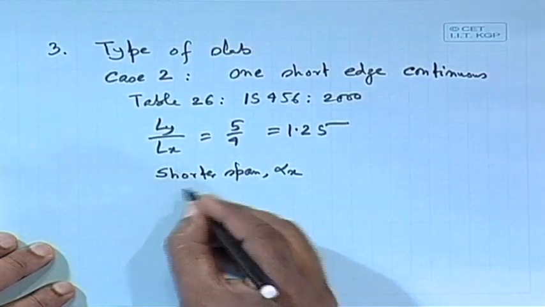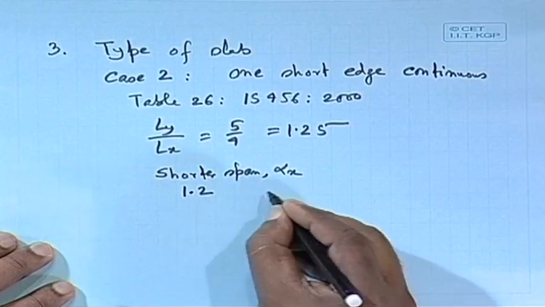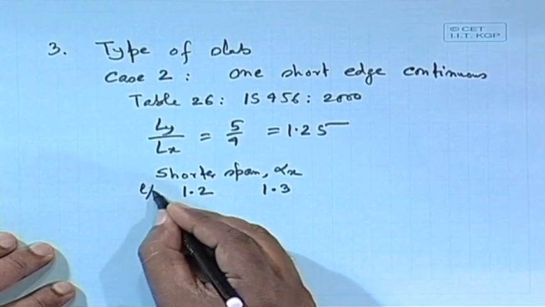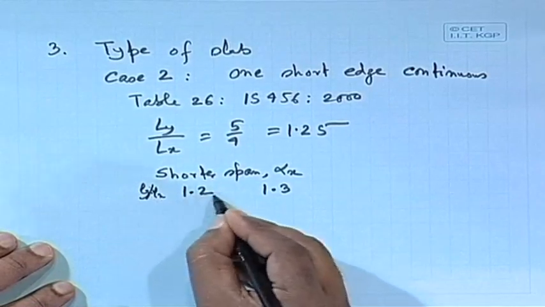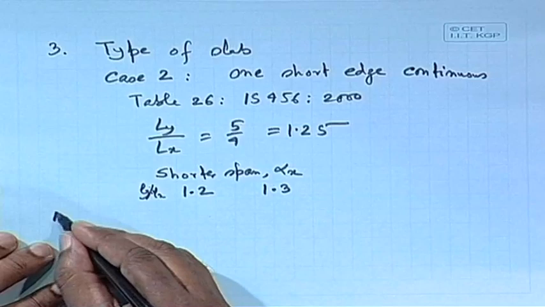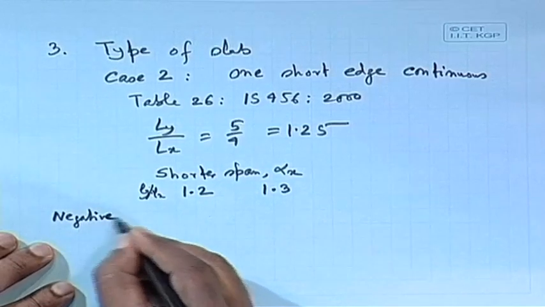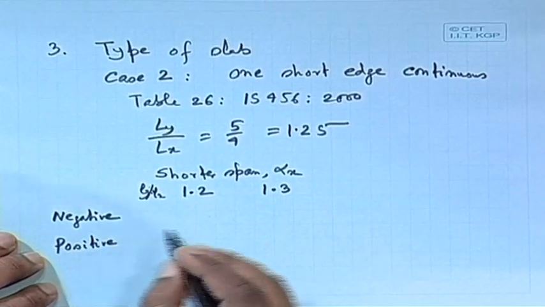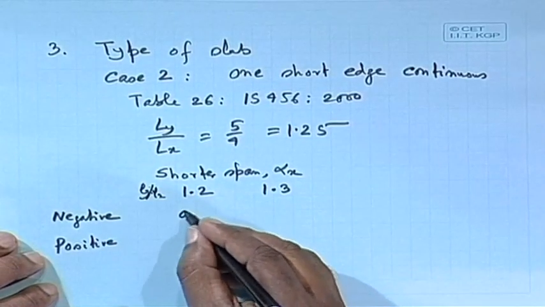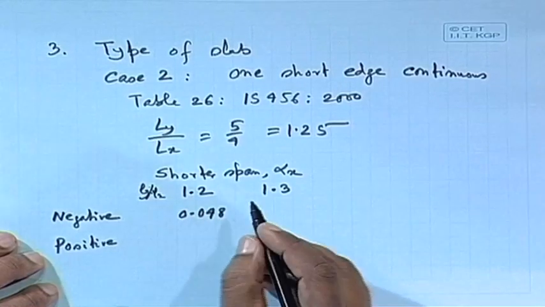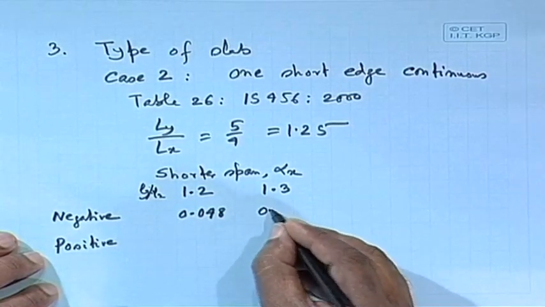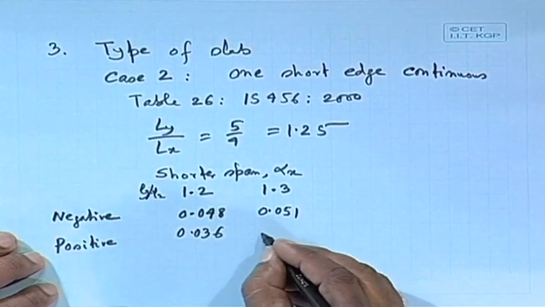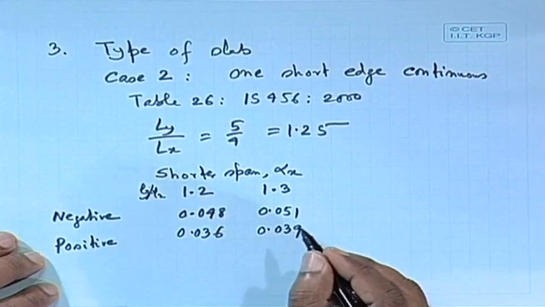It is between 1.2 and 1.3, that is Ly by Lx between 1.2 and 1.3, and we can have negative moment at the support, and positive moment in the span, and the values come 0.048 and 0.051, 0.036 and 0.039.